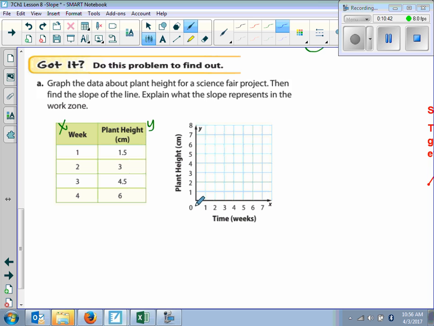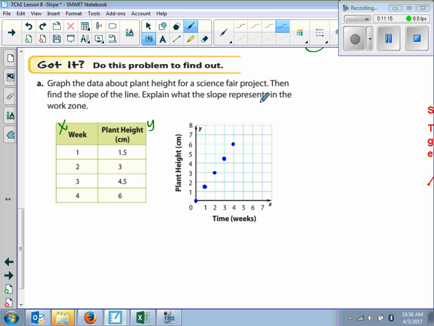So if it was 0 weeks, how tall would that plant be? 0 centimeters, right? So we know there's going to be a (0, 0) there, right? So we've got (1, 1.5), (2, 3), (3, 4.5), and (4, 6).